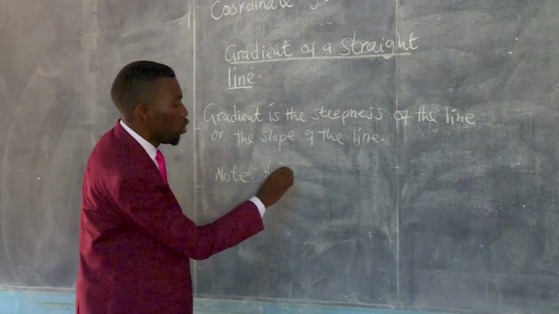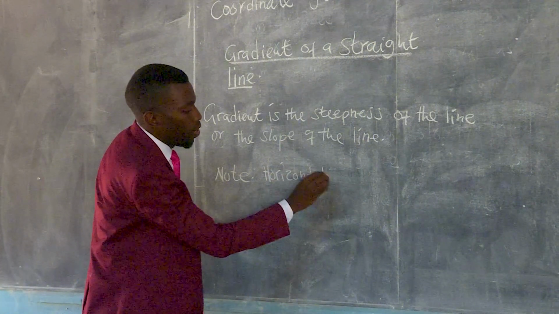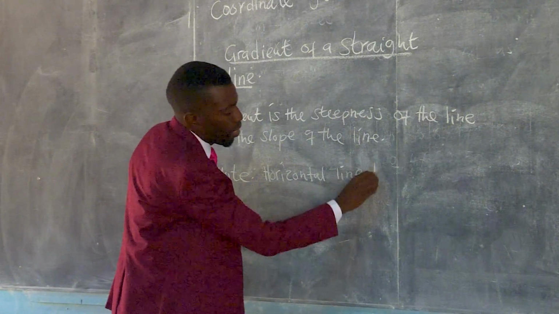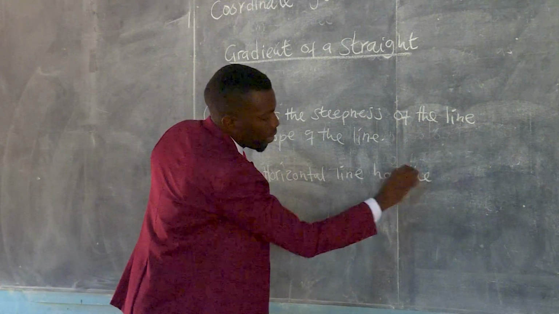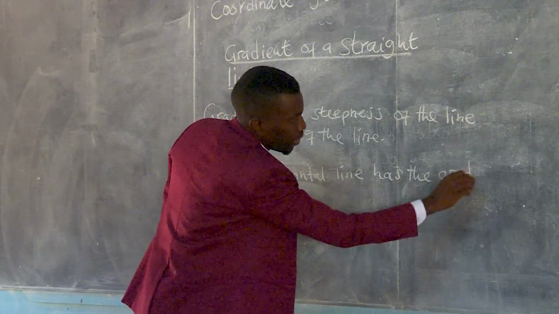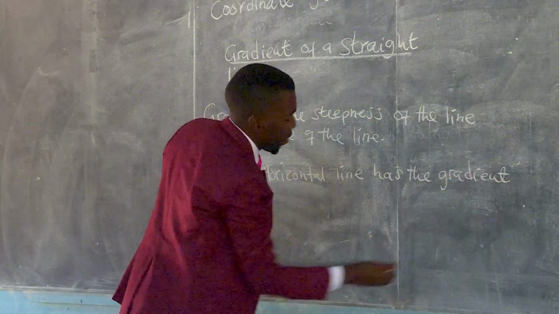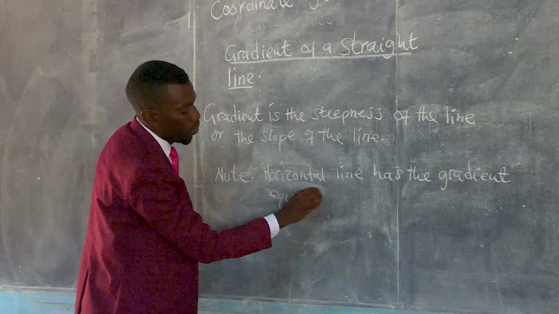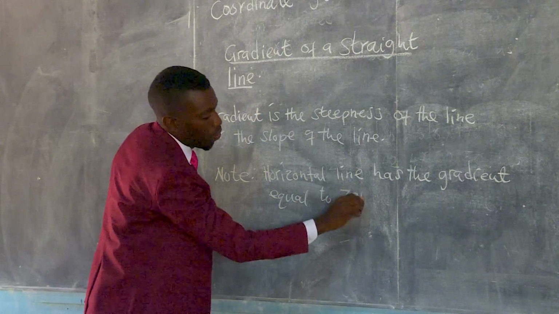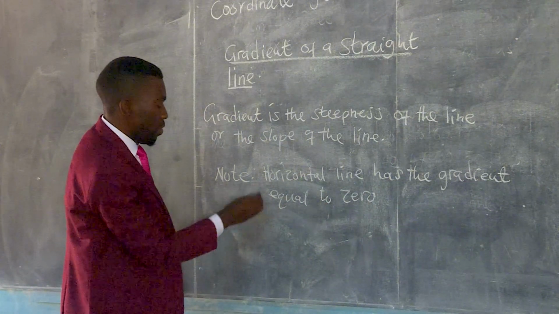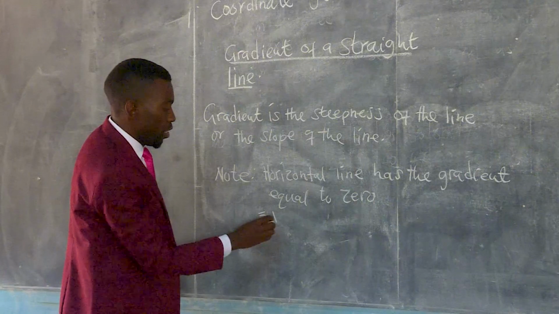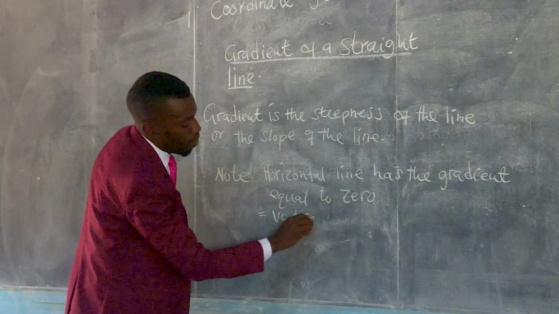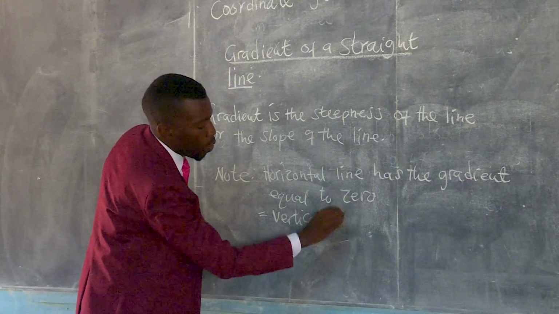One, look at the horizontal line. So the horizontal line has the gradient equal to 0. Then the other one, we look at the vertical line.